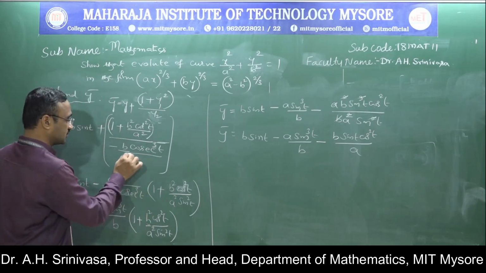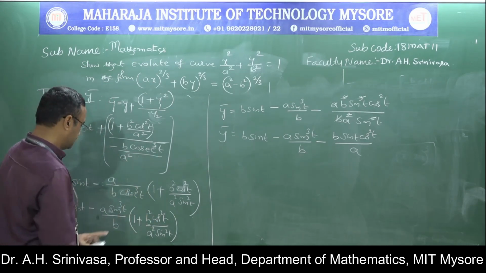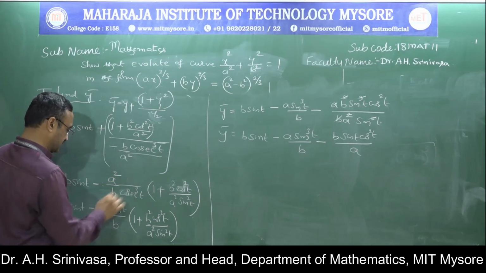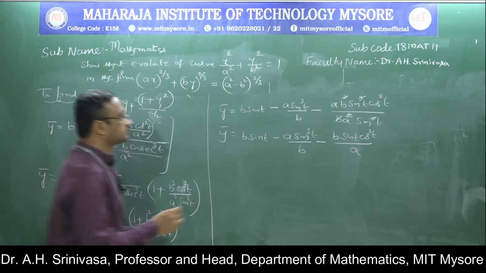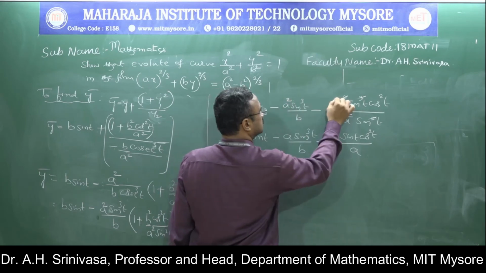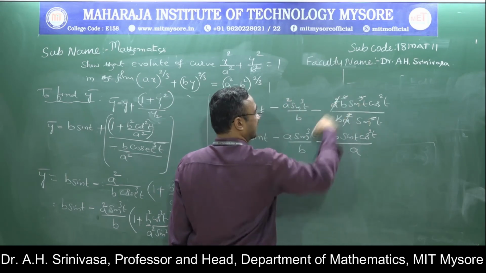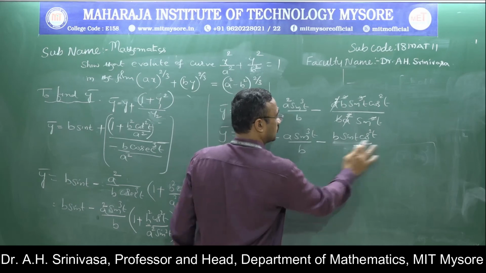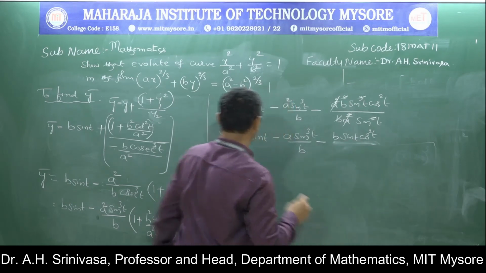Sorry, this is an a square, you have to remember. So this term will be completely cancelled here now, a square, and this is your a square, this is also an a square. Both a squares cancelled. We have only b, no a will be obtained.